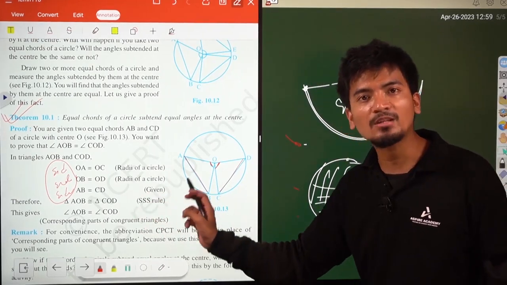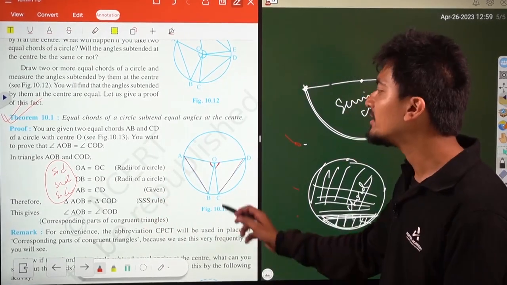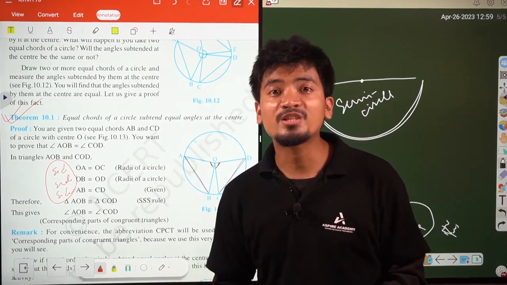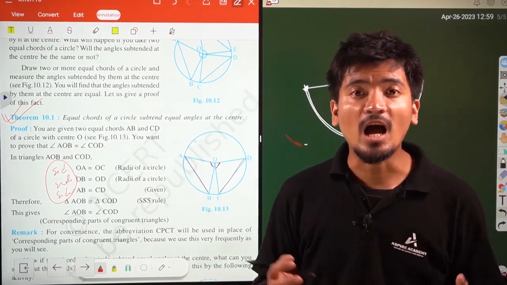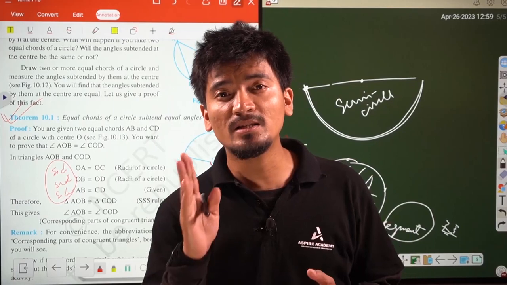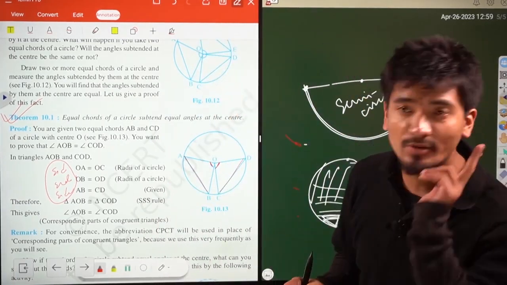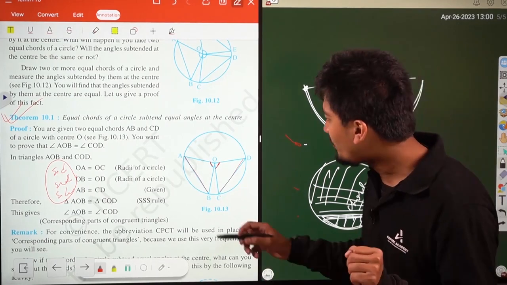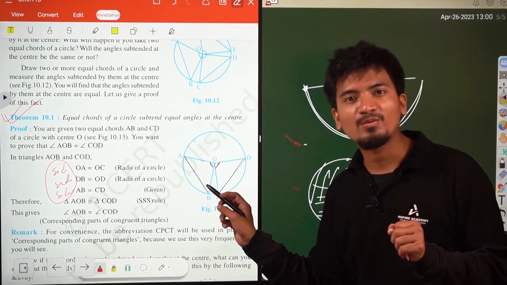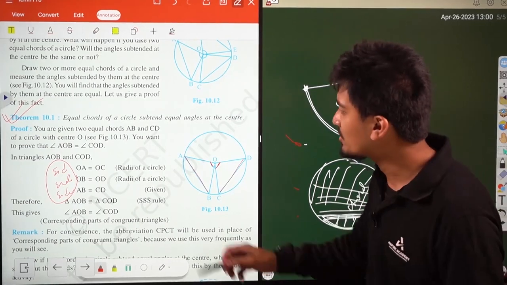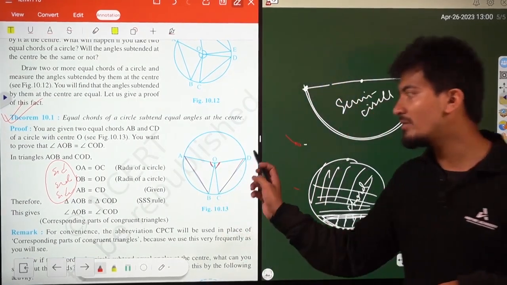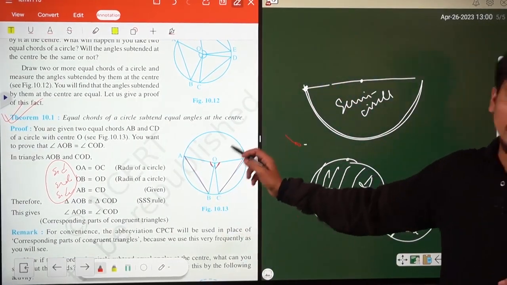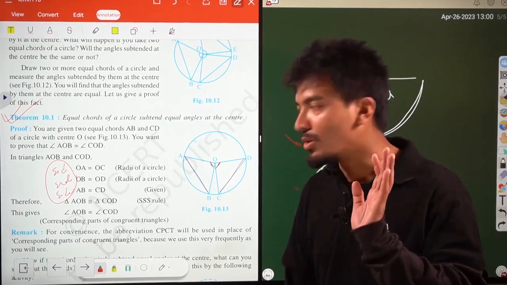And we know that corresponding parts of congruent triangles are always equal. We have studied this very well in the chapter on triangles, right? So definitely their angles will also be equal. So angle AOB equals angle COD. Understood? Okay.